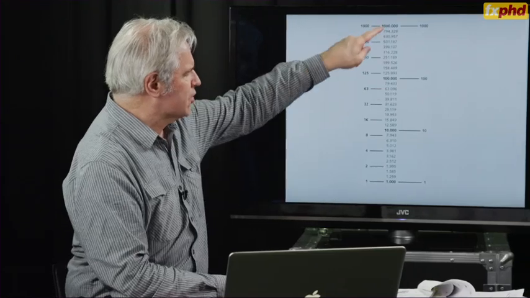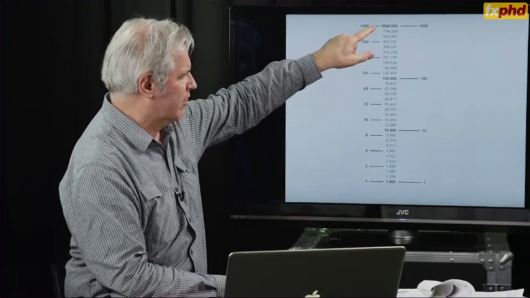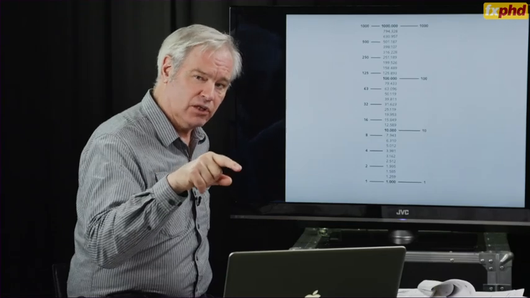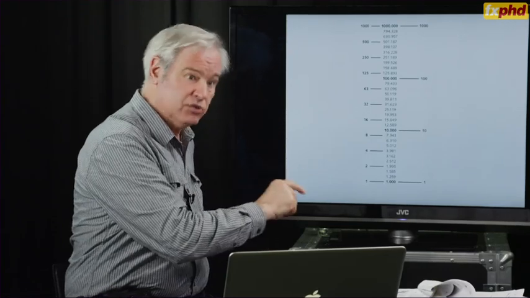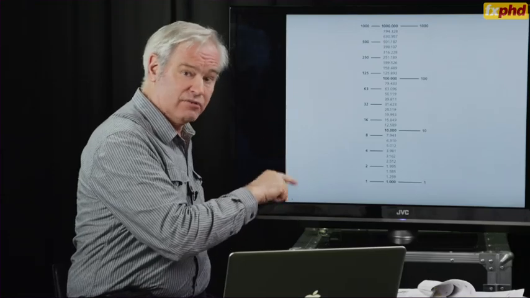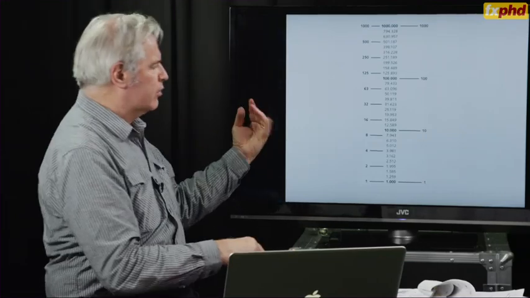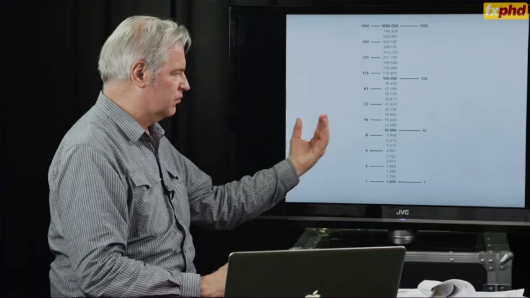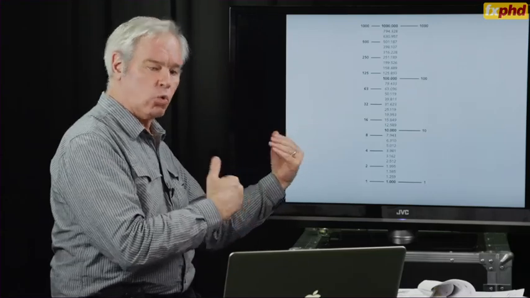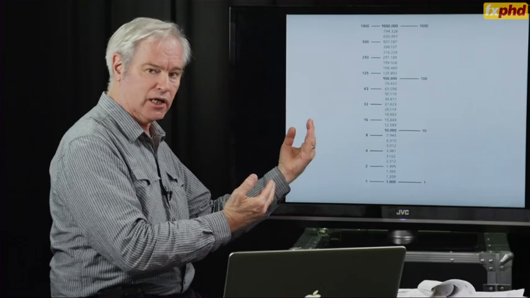So here we're marching up the scale from 1 to 1,000 using 1/3 of a stop, or 1/10 of a density unit. In fact, in my scale, I'm using exactly 1/10 of a density unit, which is very, very close to 1/3 of a stop. And I'm putting the stops on the left because this is the photography space where they're comfortable talking in stops.